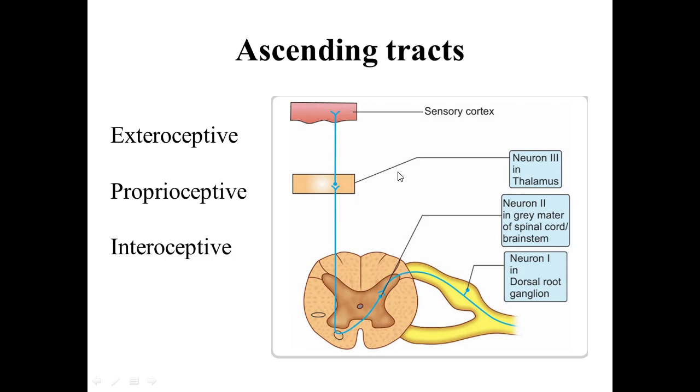But the fibers which convey unconscious proprioception and some exteroceptive sensations going to cerebellum and brainstem consist of only two neurons. Remember, the fibers which convey unconscious proprioception and few exteroceptive sensations to the cerebellum or brainstem contain two neurons.